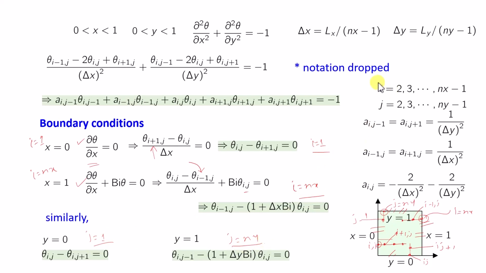And the internal points are given by i 2 to nx minus 1, j 2 to ny minus 1. This is already taken care of from this equation. Then the 4 boundaries we are taking care of with these equations. You can see clearly they are also linear equations. So they are simply adding to our Gauss-Seidel A matrix.